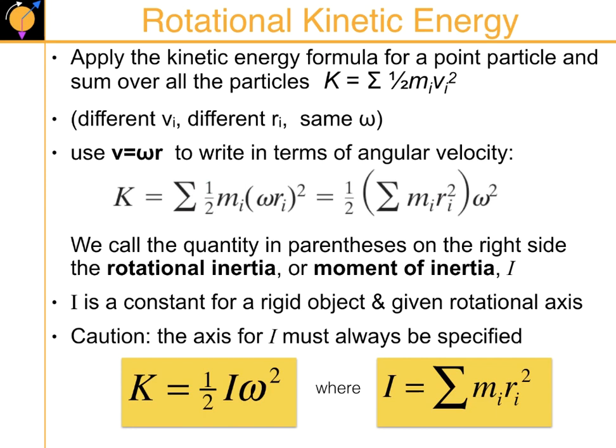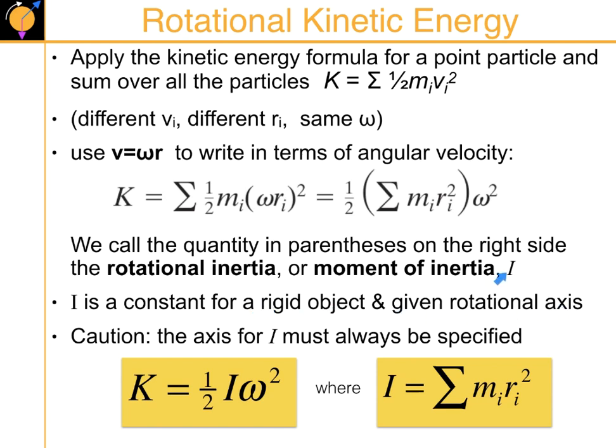Same thing with rotating. The more moment of inertia an object has when it's rotating around a certain axis, the harder it is to get it going. It's a measure for a particular object or set of objects around a certain axis of rotation. So it's constant for a given object and a given rotational axis.